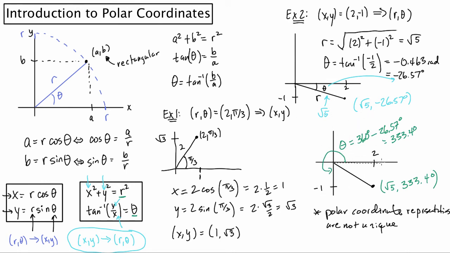The second possible way is I consider rotating from minus pi to 0, 0 to pi, so in total minus pi to pi. Both of those are possibilities. You have to read books carefully that involve polar coordinates because you have to know which of those two conventions you're using.